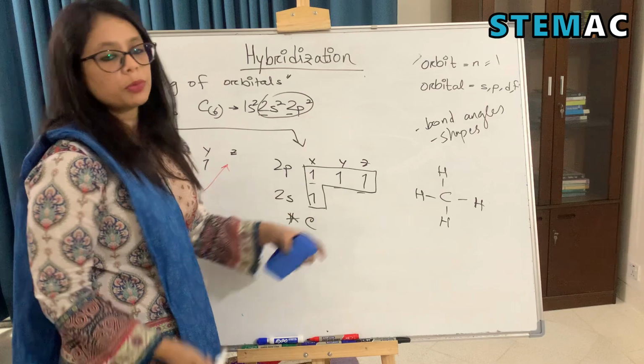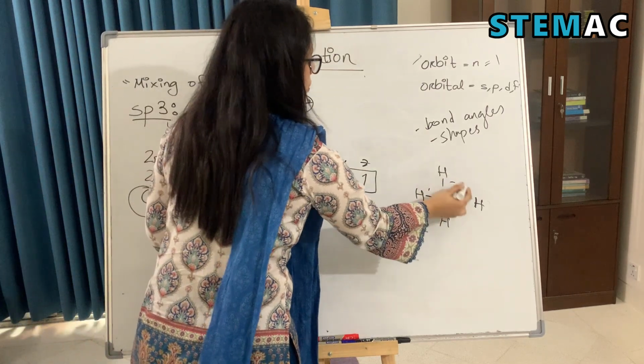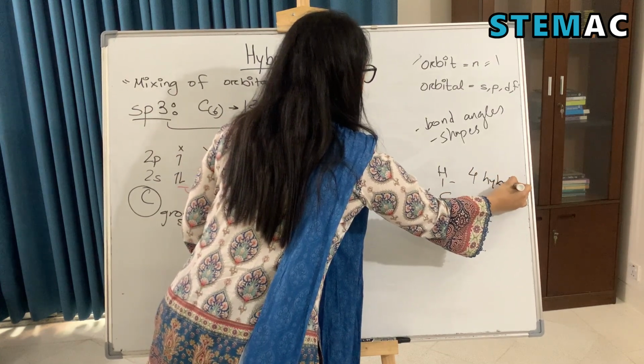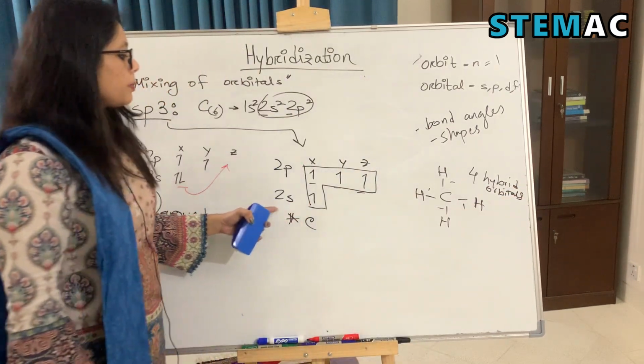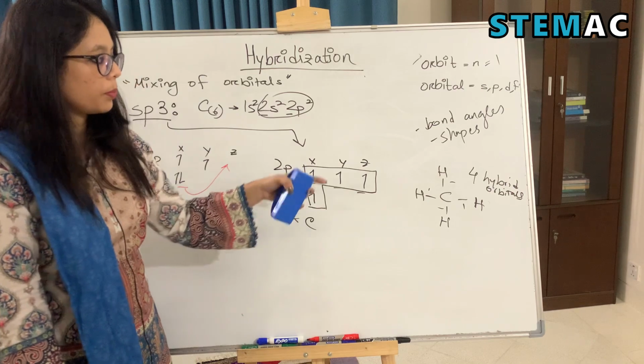Like all 4 of them will be involved here. So here we say that 1, 2, 3, 4, 4 hybrid orbitals have been formed here. Why? Because carbon is using all of its 4 electrons in its outermost shell to form bonds.